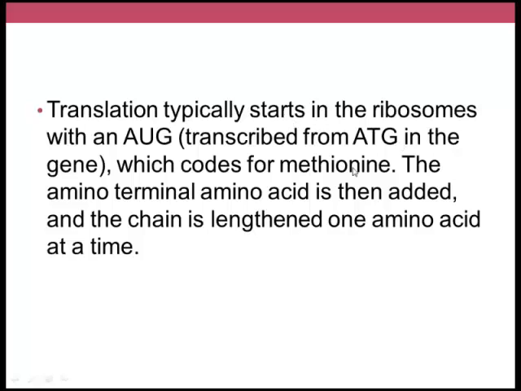This arrangement of bases codes for methionine. The amino terminal amino acid is then added, and the chain is lengthened one amino acid at a time. So at any time I can only add one amino acid and then the other, and so on.